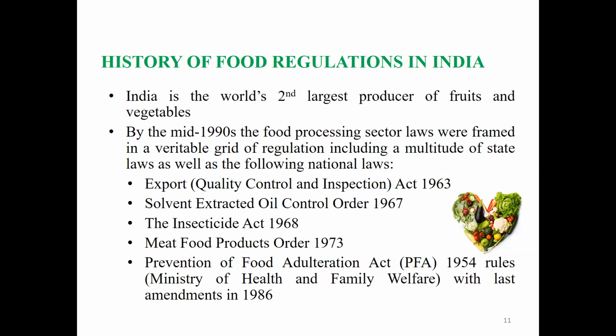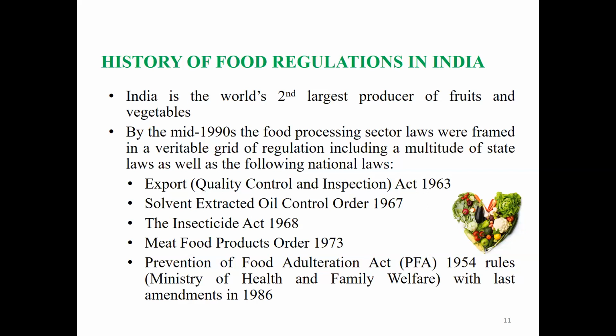India is the second largest producer of fruits and vegetables in the entire world. By the mid 1990s, the food processing sector laws were framed in a veritable grid of regulations, including a multitude of state laws as well as the following national laws.